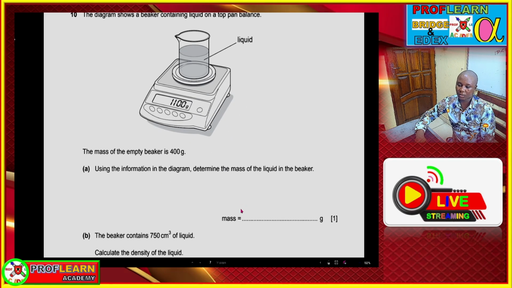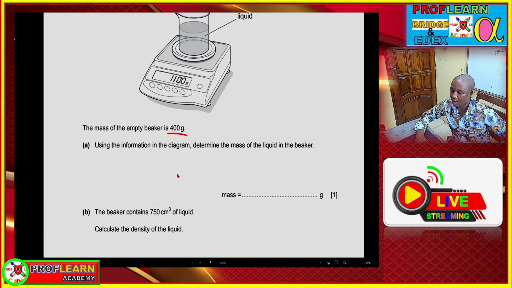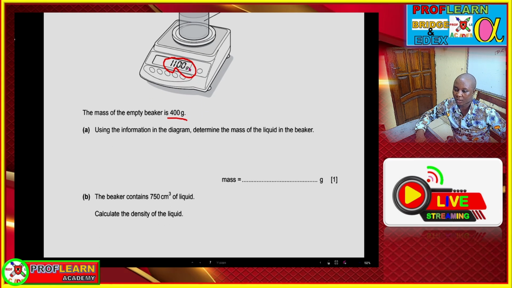We are told that the mass of the empty beaker is 400 grams. Using the information, determine the mass of the liquid. So you can see the reading here is displaying the mass of the beaker plus the mass of the liquid.